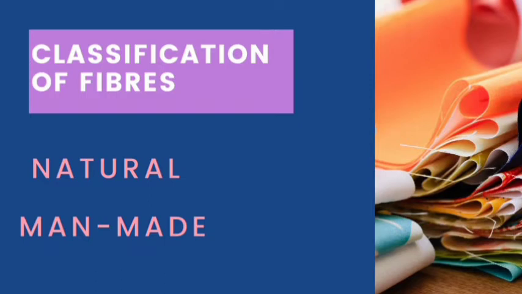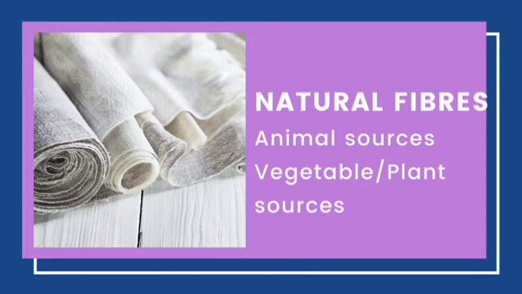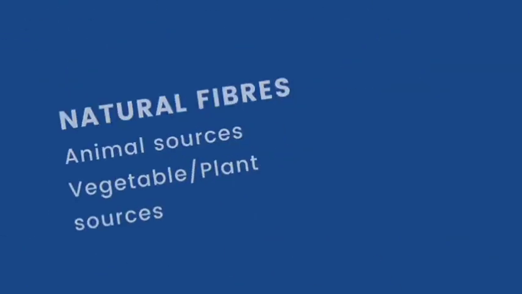We have the natural fiber and the man-made fiber. The man-made is also known as artificial or synthetic. Now, natural fibers. Natural fibers are obtained from two sources: the animal sources and the vegetable or plant sources.